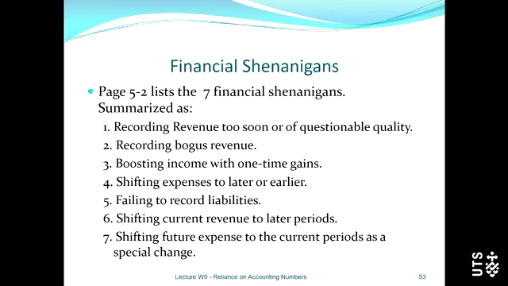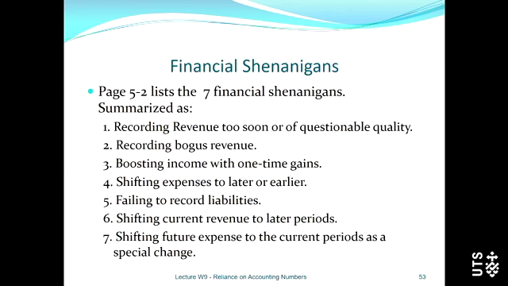Just before we finish, this reading discusses financial shenanigans and lists 7 of them, so when you read it, keep this in mind. Number 1 is recording revenue too soon, or revenue that is not necessarily going to be made. Number 2 is recording revenue that is not likely to happen.